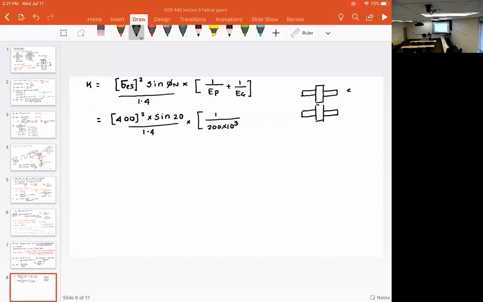So I'm assuming this to be steel mating with steel. That will get me the value of K.